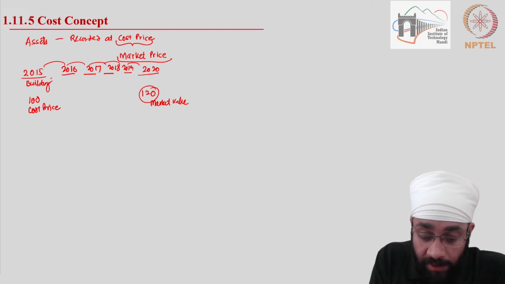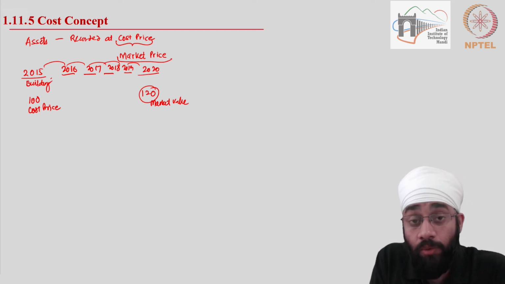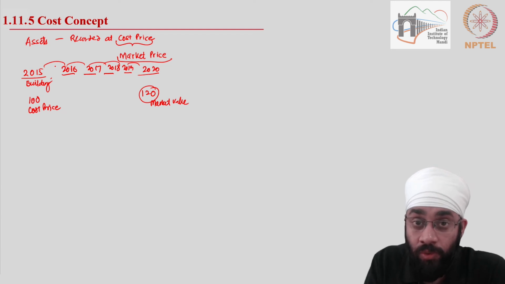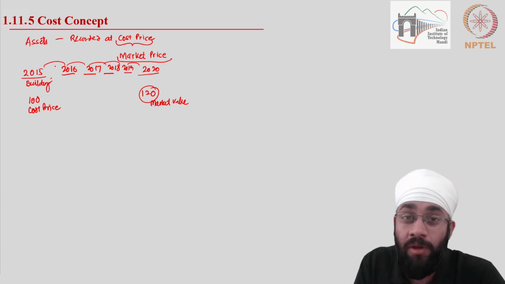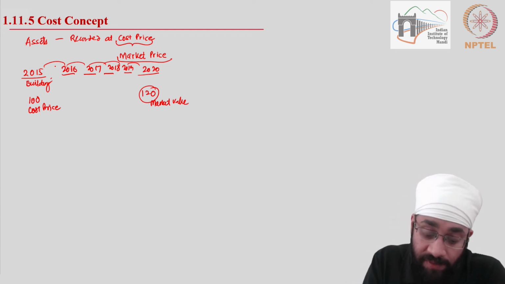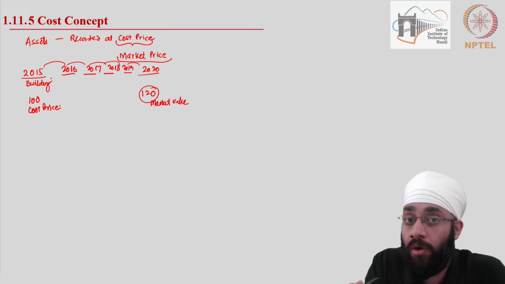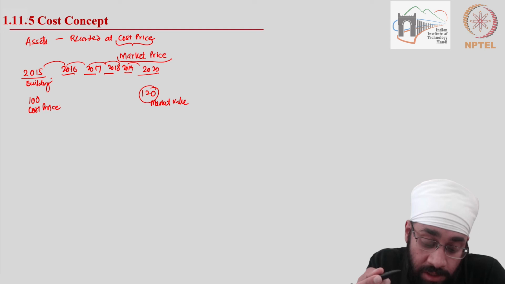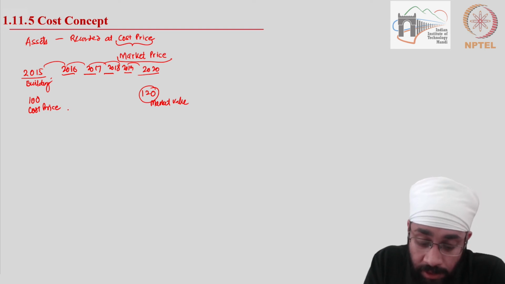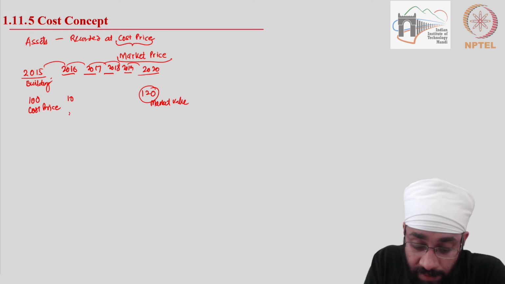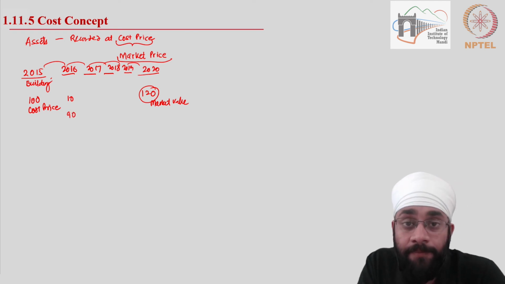Now this 100 was used for one accounting period. Its value has to come down because there is regular wear and tear, all of that. So there has to be a reduction. Let's agree on a 10% reduction in the value of the building. So you would have a reduction of 10. Therefore, the value is going to be 90.